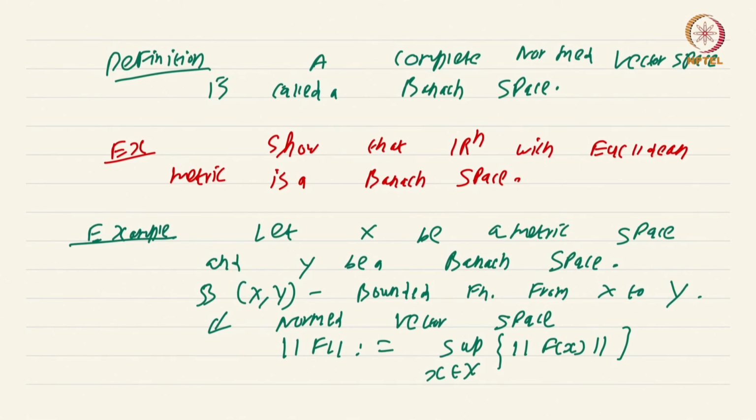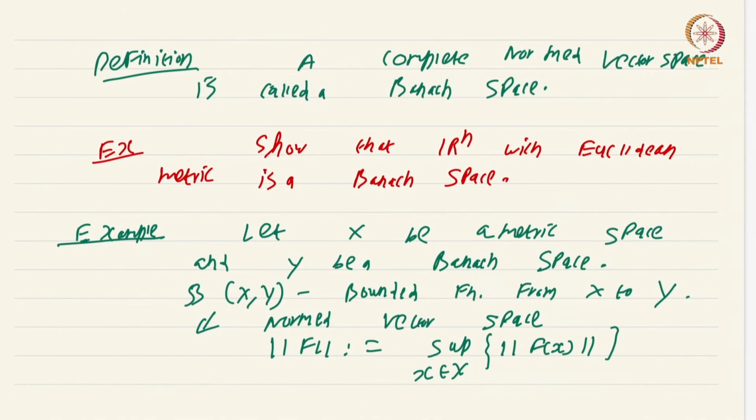Now note that because X is a metric space and Y is a Banach space, therefore Y is also a metric space, we can also talk about continuous functions from X to Y. You can also talk about the space of continuous functions from X to Y, but because X is just a general metric space, we will later study compactness.